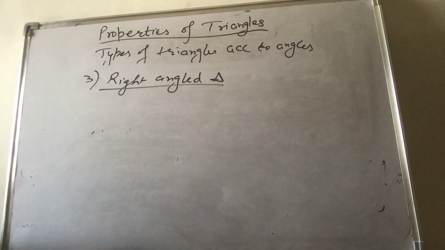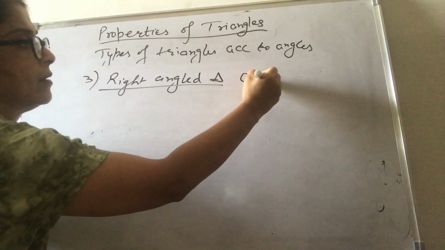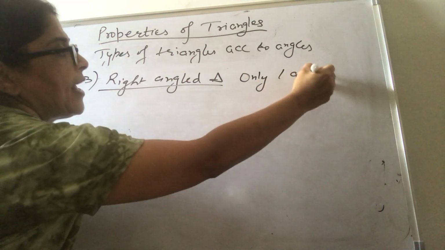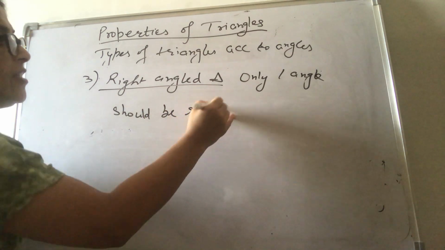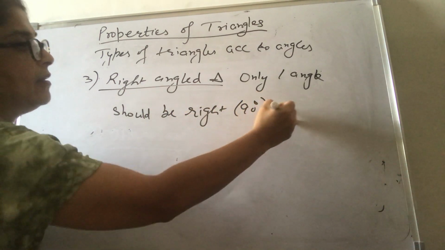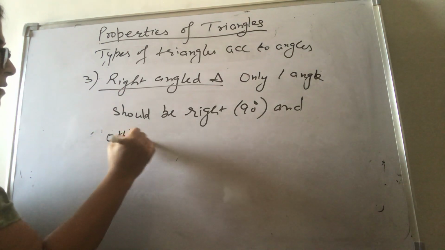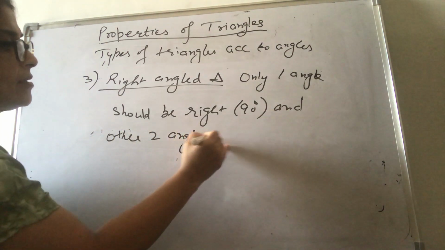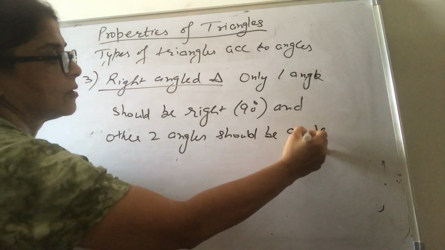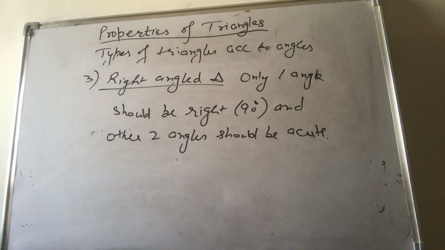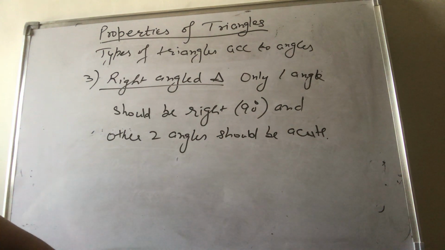Only one angle should be a right angle, only one angle should be of 90 degrees and the other two angles should be acute. That type of triangle is called right angled triangle.